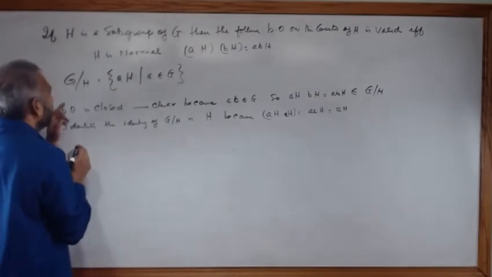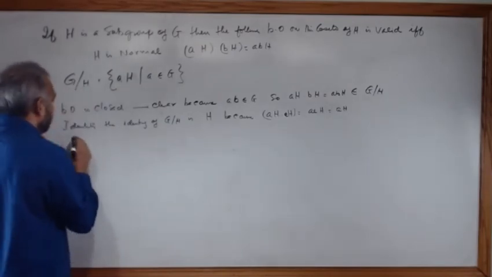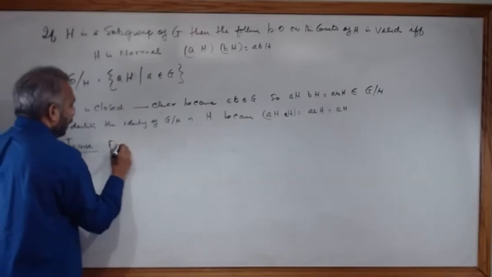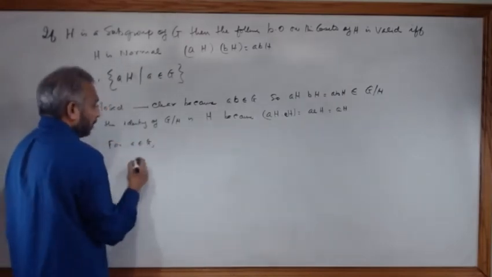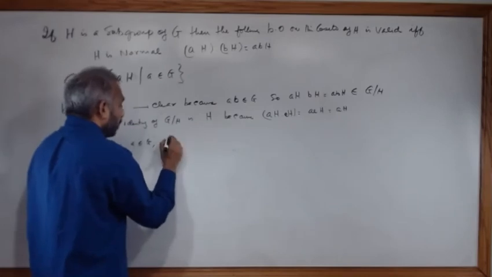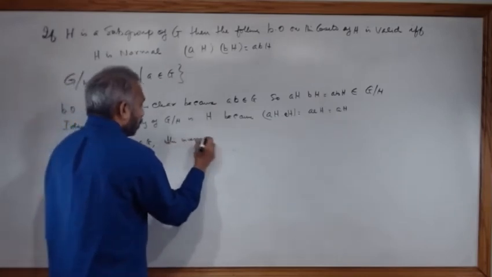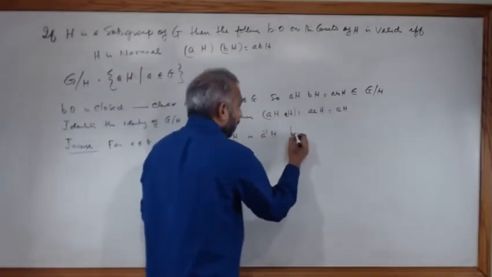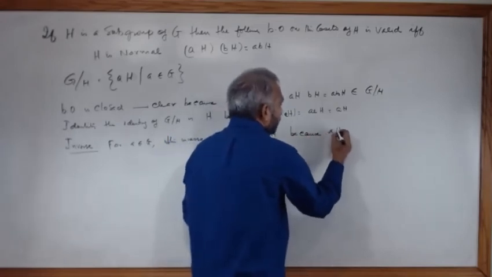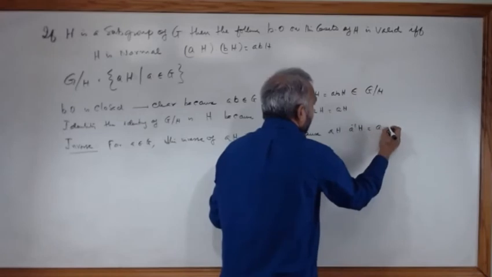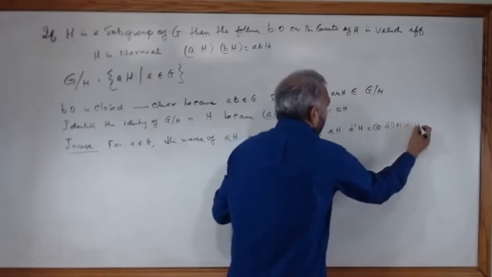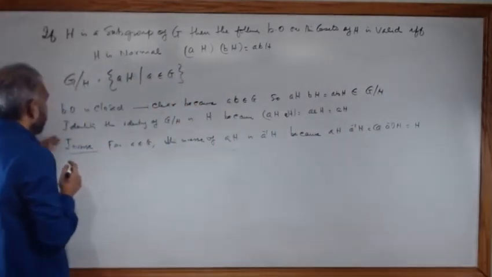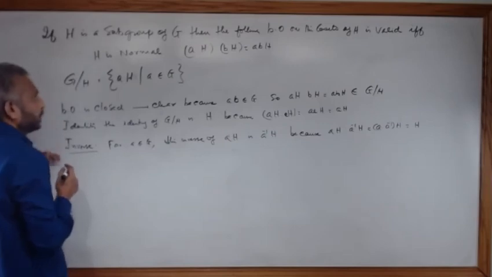Now we need to find out that for every element in here there is an inverse. For A belonging to G, the inverse of AH is A inverse H, because AH times A inverse H is equal to A times A inverse H, and that is equal to H. And this is the identity. So all the group axioms, group rules, group properties are satisfied.